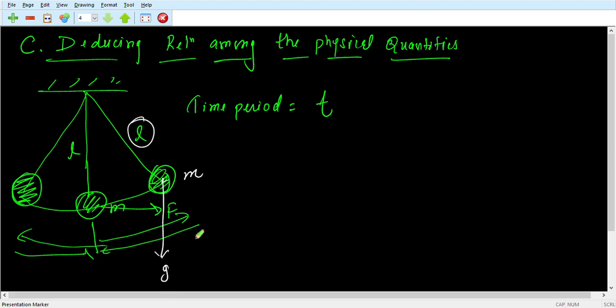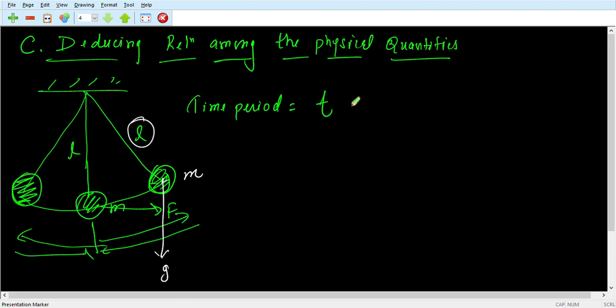We are neglecting other factors like the air around the bob, temperature and pressure. So these three physical quantities, I guess, may affect the time period of the pendulum: length, mass and acceleration due to gravity.